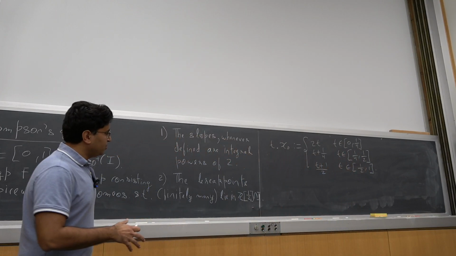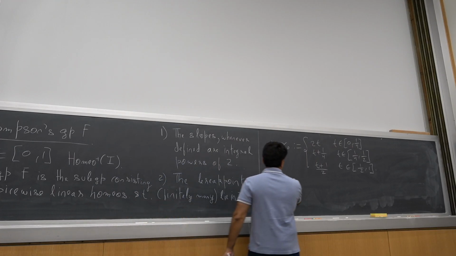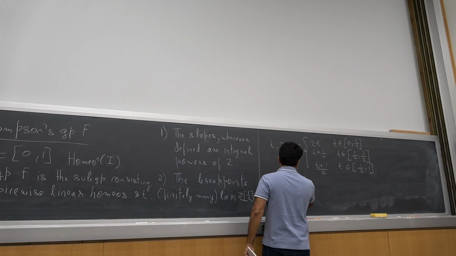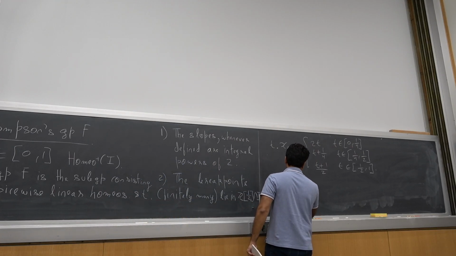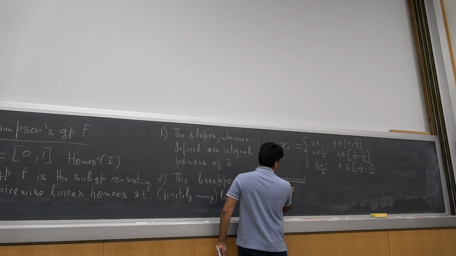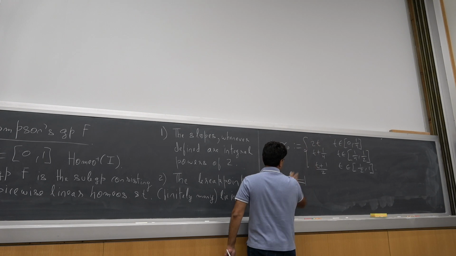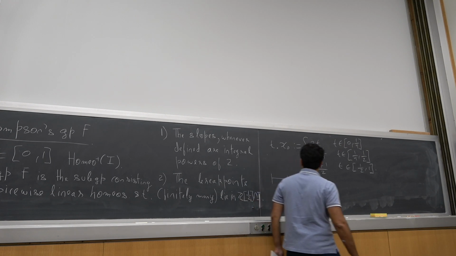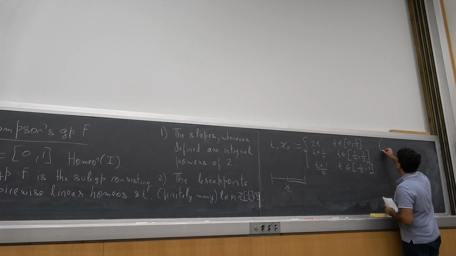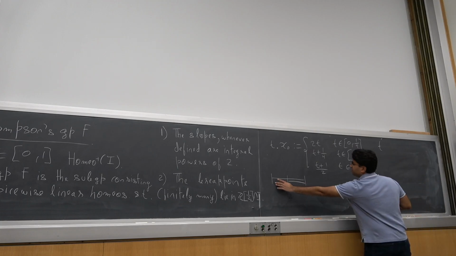So essentially what I'm going to do is take the unit interval, take the right half, which is this guy here, rescale it by a factor of 2, apply this element, and then conjugate back. I'm going to get this new element, and then I have the identity on the left-hand side.